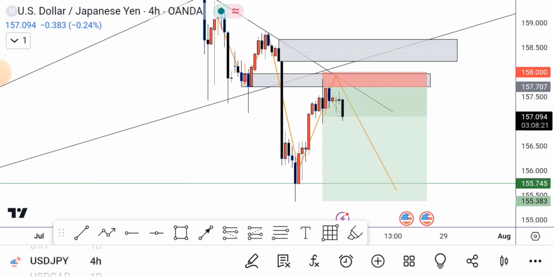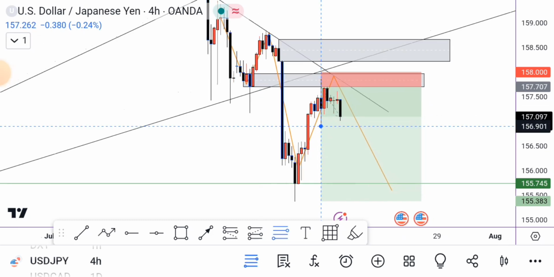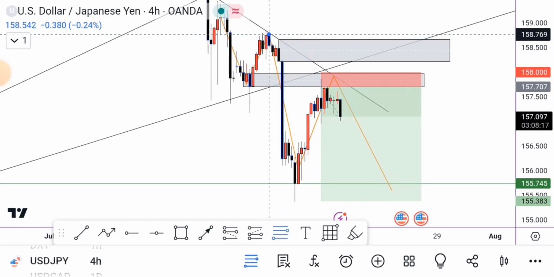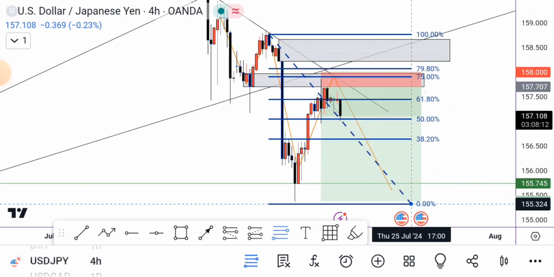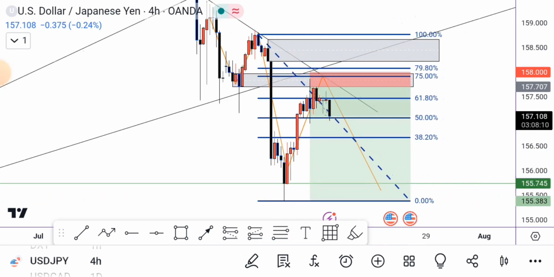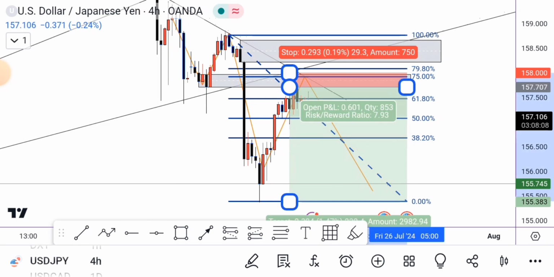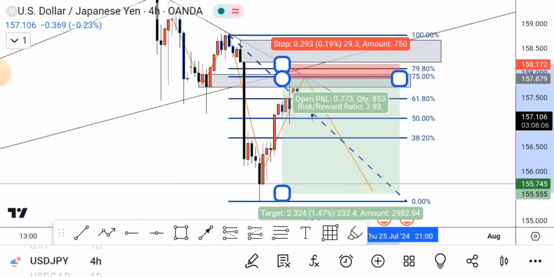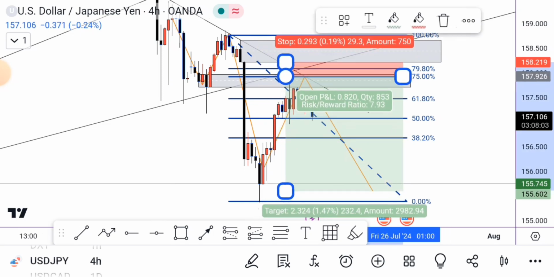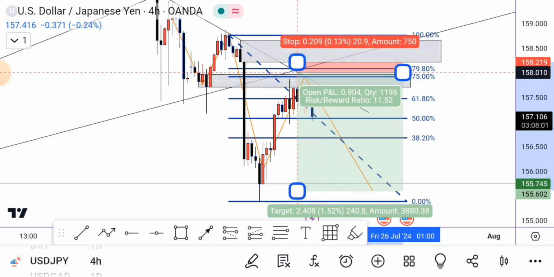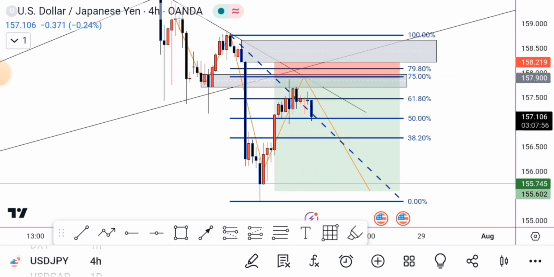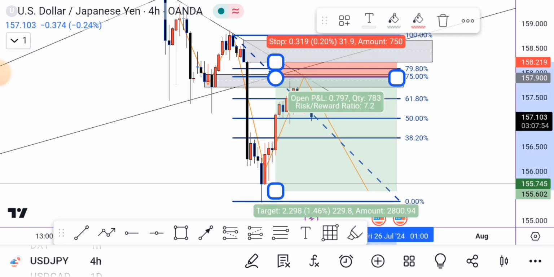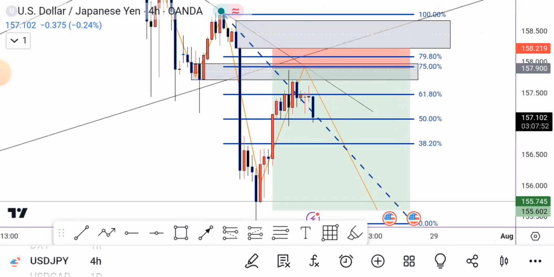Or if you're not sure, you can take out the Fibonacci tool, connect the highs and the lows, and you see price almost coming to our extreme levels, which is our 75 and 98 level. Price almost stepped into our level over there, but we missed an entry by a pip.